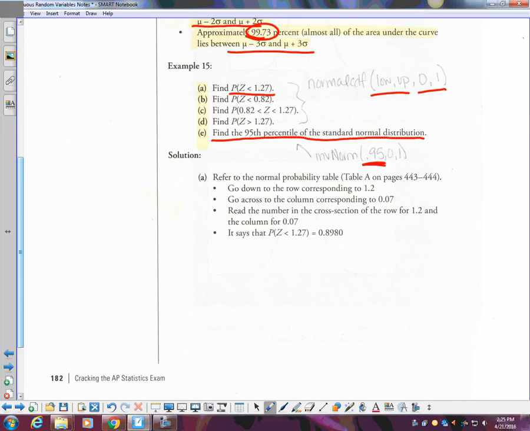Always, always, always. So what if it said, I want you to find me the top 5%? What is the cutoff for the top 5% of SAT scores to get into Harvard? So you would inverse norm 0.95, and then you would need the mean and the standard deviation.